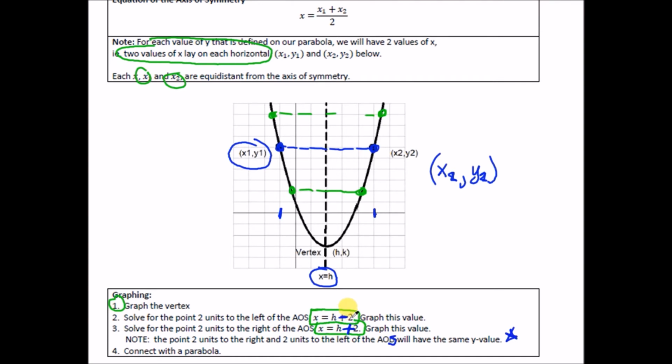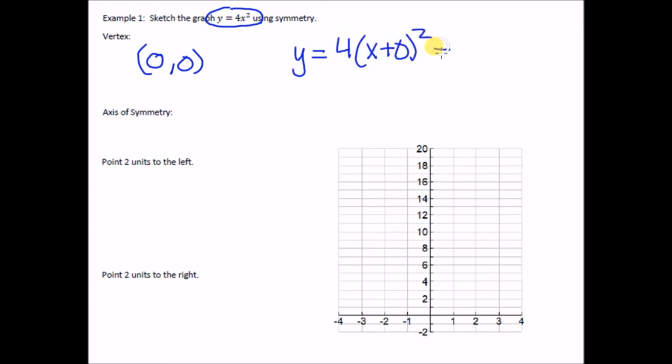Let's go ahead and do that. We're going to start with sketching the graph of y equals 4x squared. The vertex is going to be 0, 0. If you need to write this in vertex form, we can put x plus 0 or minus 0, but in this case I'm just going to leave it.